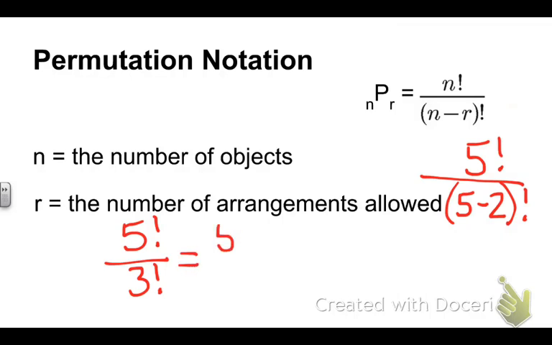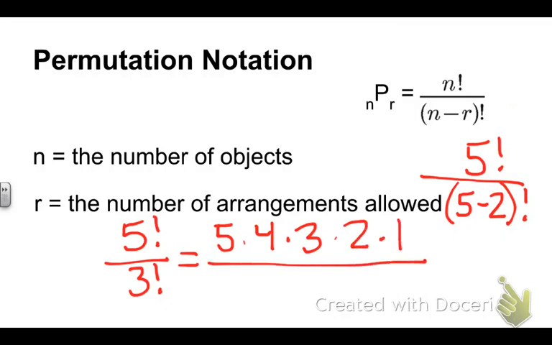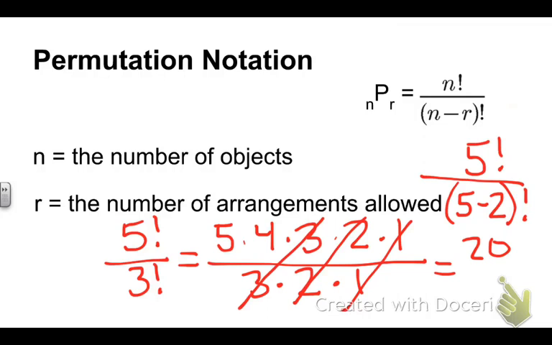So break that down, 5 times 4 times 3 times 2 times 1 all over 3 times 2 times 1. Let me show you a quick little trick. These all eliminate each other. Basically you have 20 over 1 or 20 different arrangements, 20 different ways that could happen with the president and vice president.